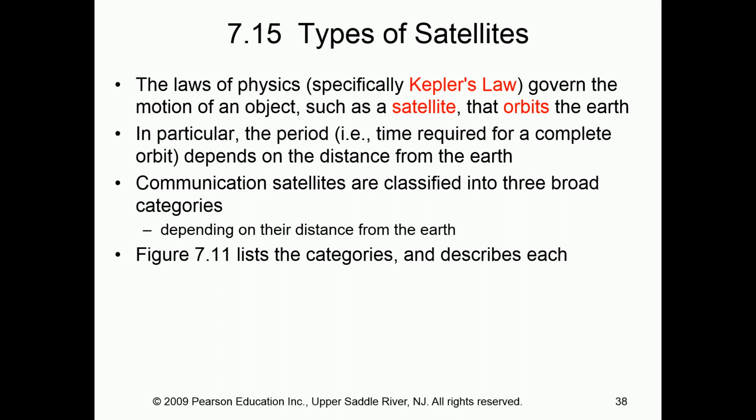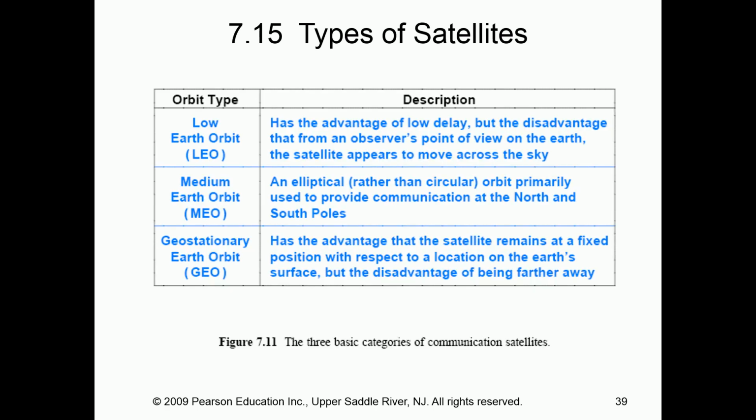That's our satellites. Our satellites orbit the Earth. Now, the orbit can happen in very specific time periods. We can have a low Earth orbit, a medium Earth orbit, or a geostationary Earth orbit.